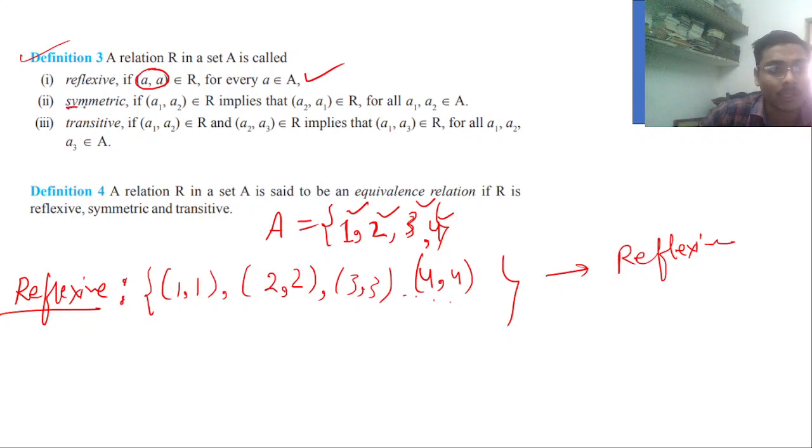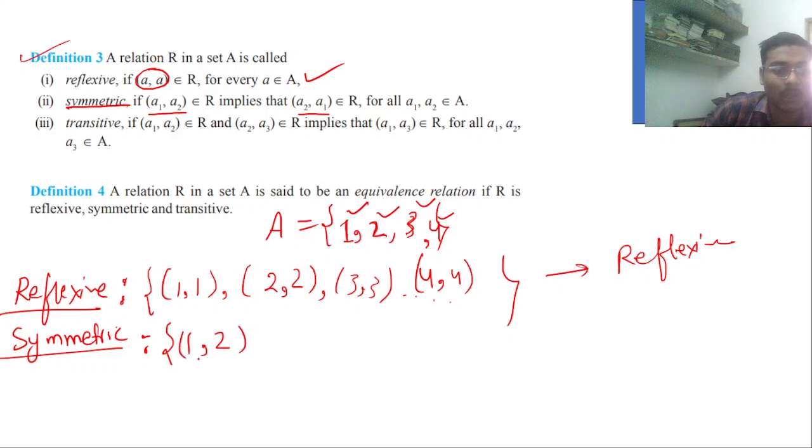And now coming to the second part: if a comma b is there, then b comma a is also present in the relation. Okay, so for symmetric, suppose you have 1 comma 2 in the relation, then 2 comma 1 also has to be there.